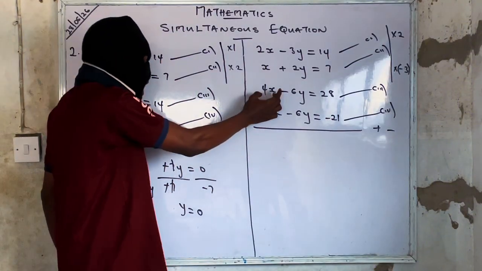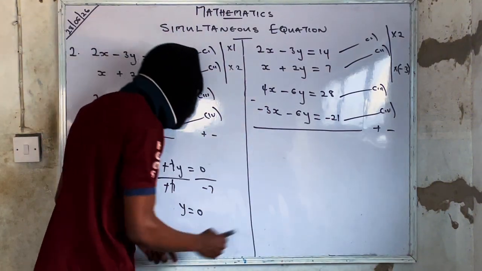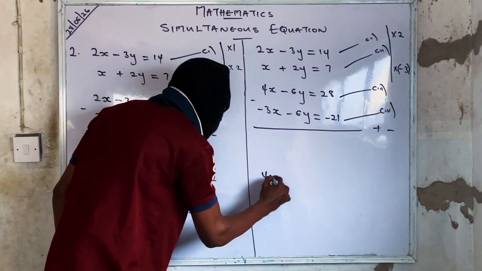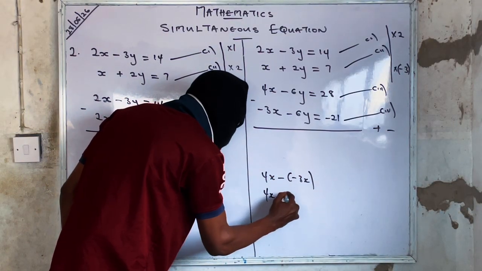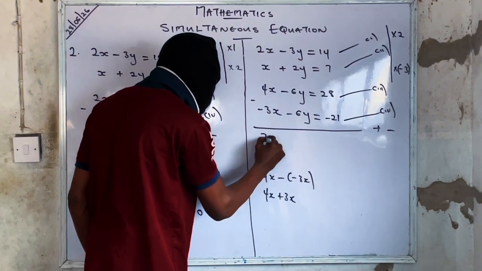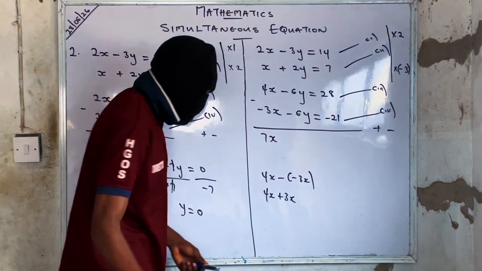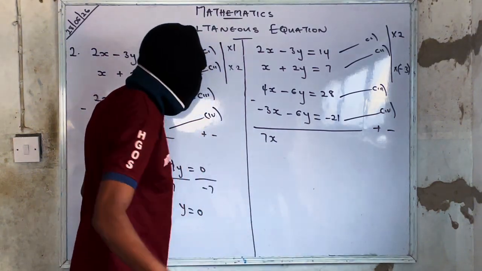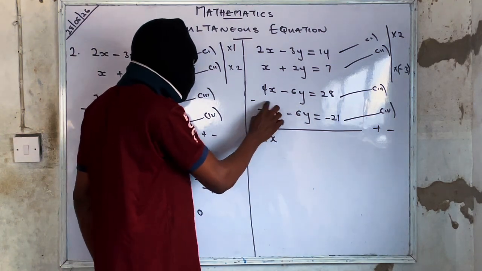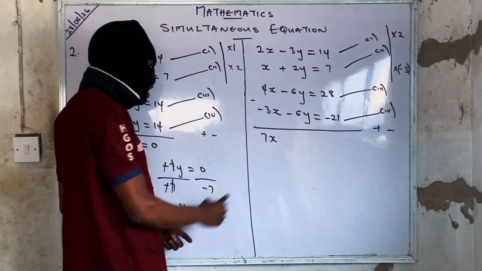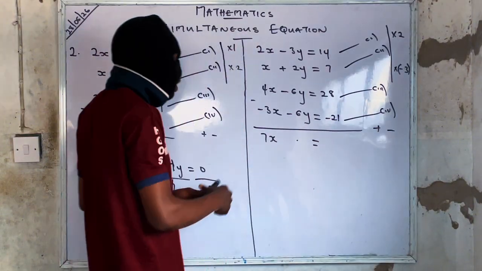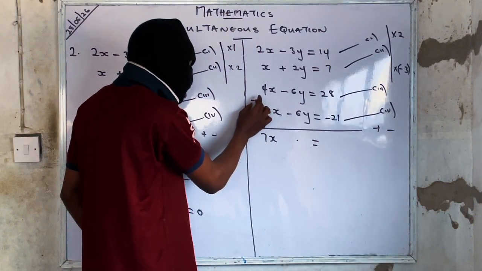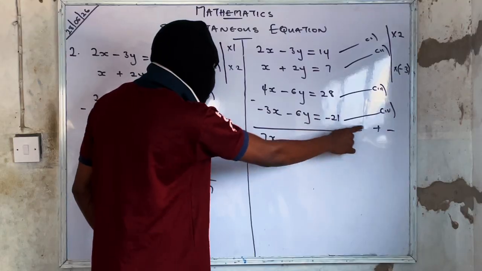Now, 4x minus into bracket 3x. That is 4x minus into bracket 3x. We now have 4x plus 3x, it will give us 7x. Now, minus 6y minus into bracket minus 6y will give us 0. Now, equals to 28 minus into bracket 21.